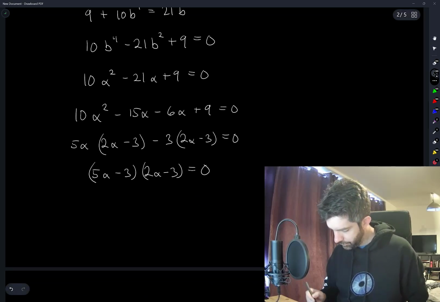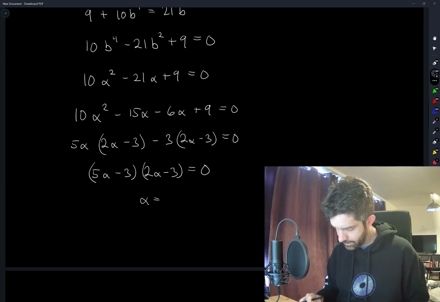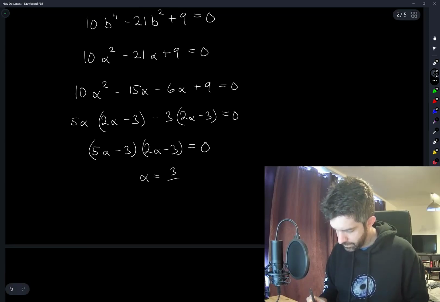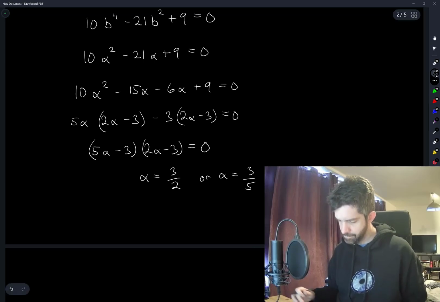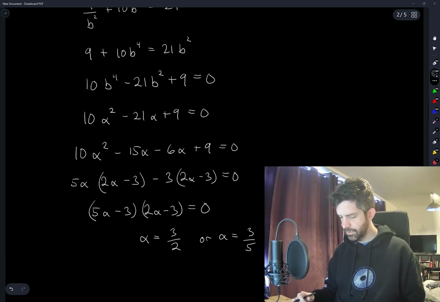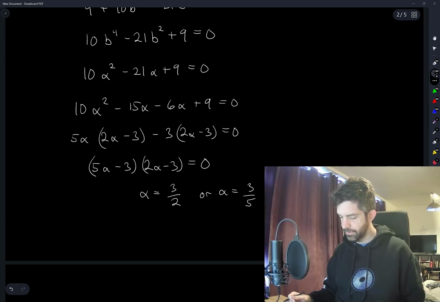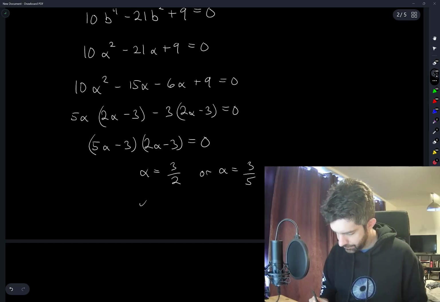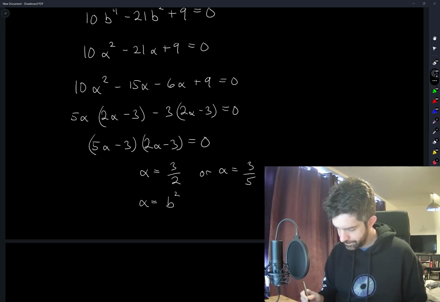Okay, so this says that alpha is equal to 3 over 2, or alpha is equal to 3 over 5. I'm not sure why I'm getting two very different numbers here. But alpha is equal to b squared.